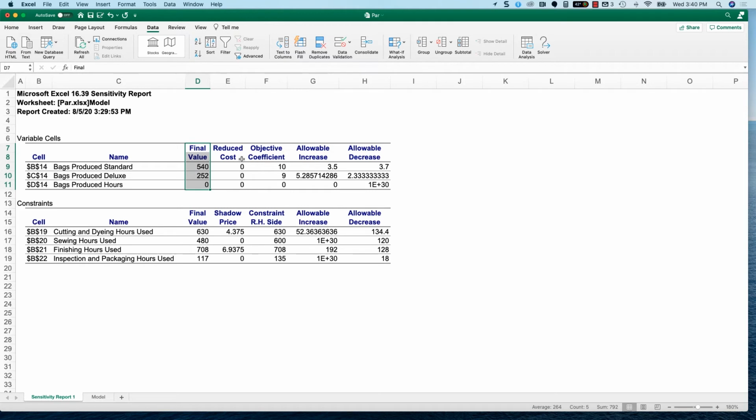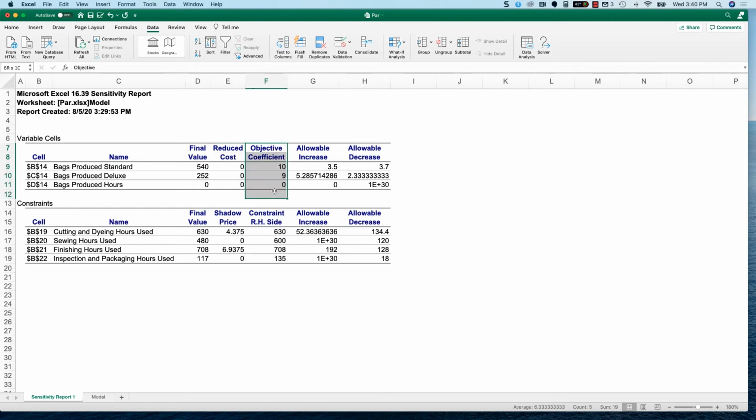Reduced cost is all about how much wiggle room you have to reduce the number of these two variables before your optimal solution is impacted. So 0, 0 means that we should not reduce either of these factors by anything in order to have a more optimal solution. We have the best solution that we could have, is what that's telling us.